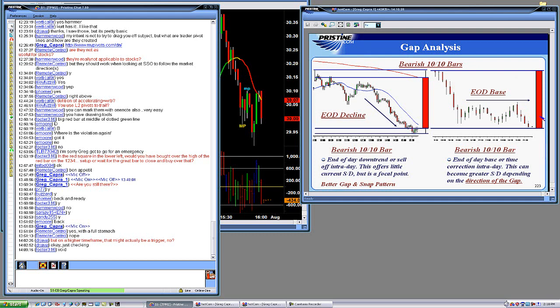Right? So if I had this red bar, let's say this was moving down several days in a row. Let's say for this example that it was in an uptrend, was forming a buy setup.